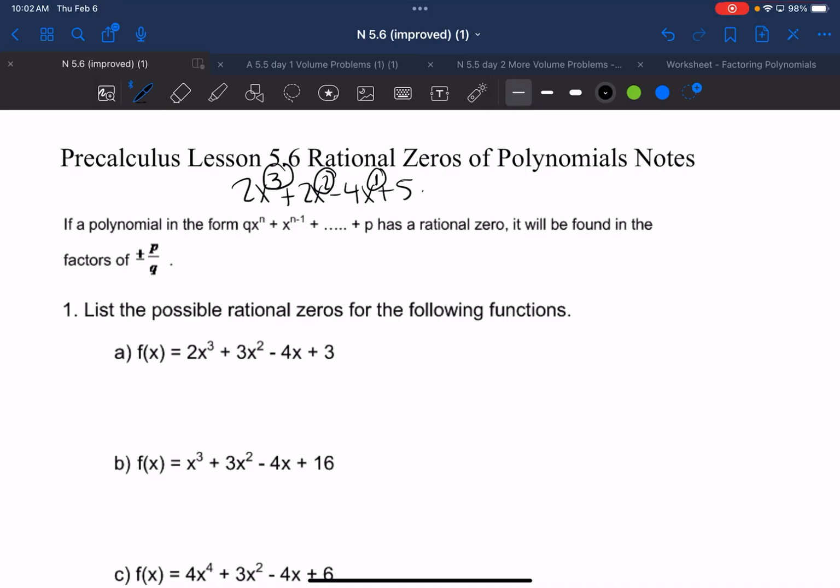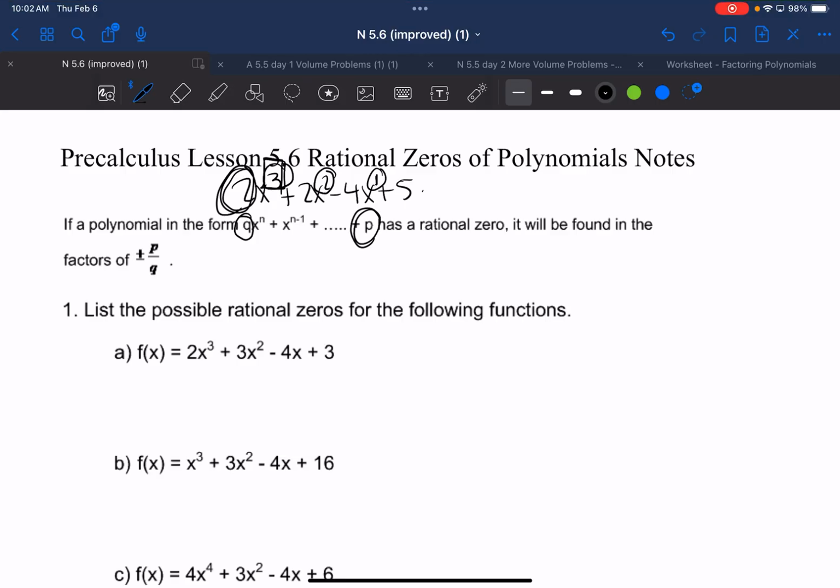Okay, it says that in these equations the term q is going to always be whatever the coefficient is of the biggest exponent. So in the equation I just gave you, the biggest exponent was 3. So q should be the coefficient of that part, okay?